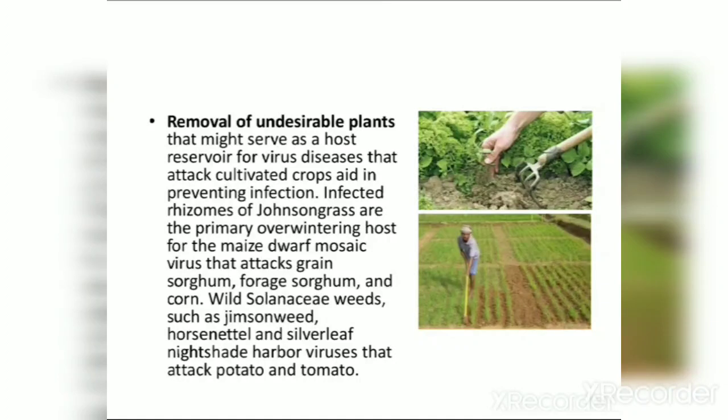When the main crop is in the field, the pathogens surviving on different parts of these unrelated plant species come back to the main crop and cause extensive damage. So removal from the field is very important, and it needs to be done regularly in every crop season to avoid disease development.